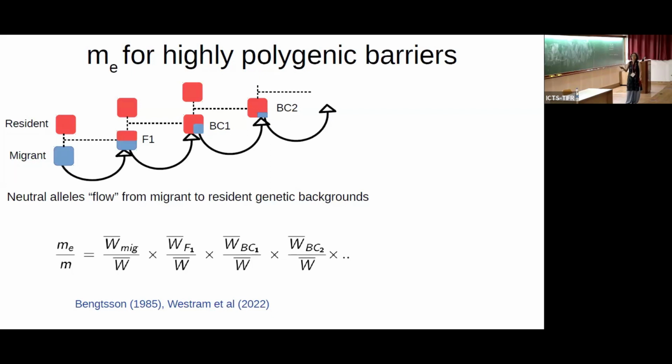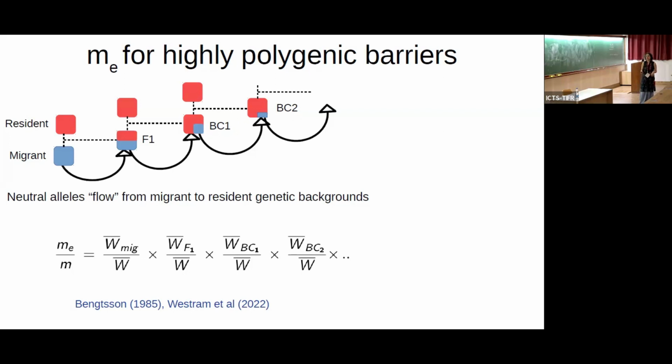And then over, let's say, 10 generations, it's ended up on a resident background because of successive recombination. And of course, this will happen only when it's loosely linked or unlinked, ideally, to any specific selected locus. So once that happens, over 10 generations, this process of decoupling has happened.